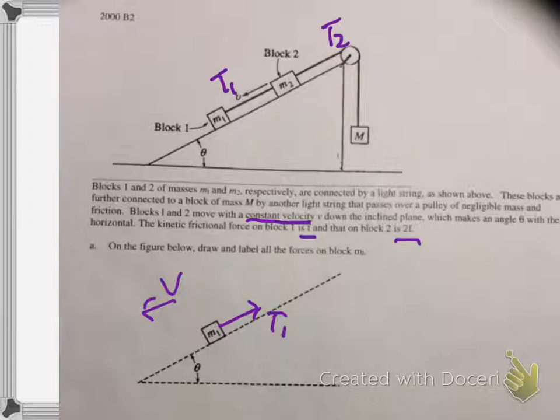Friction is present. Friction will be in the same direction as our tension. Okay, then we'll have our normal force for block 1, and then we will have M1G. Okay, those are all the forces acting on block M1.